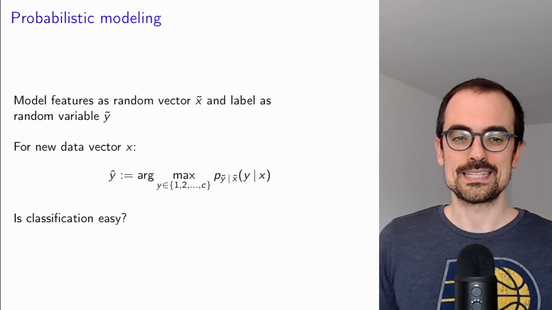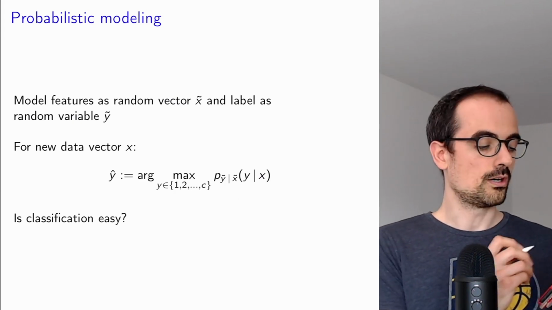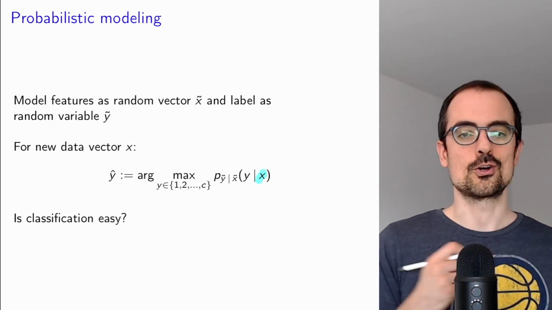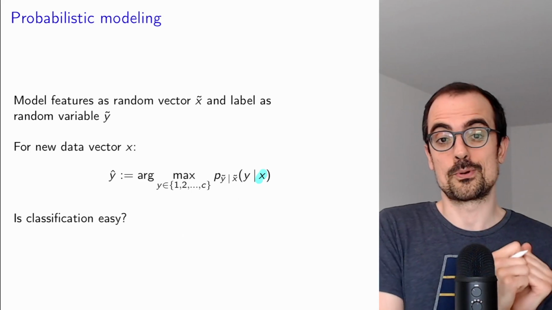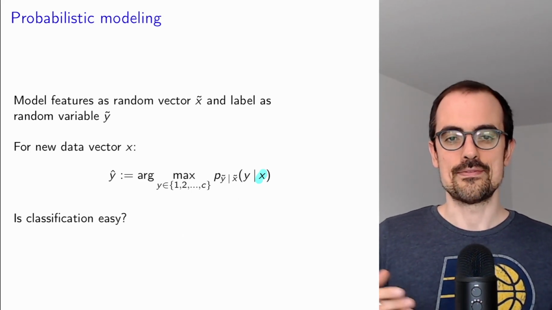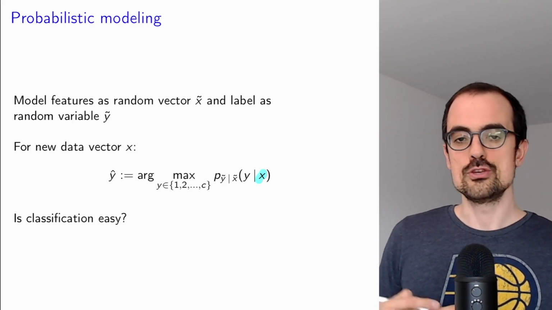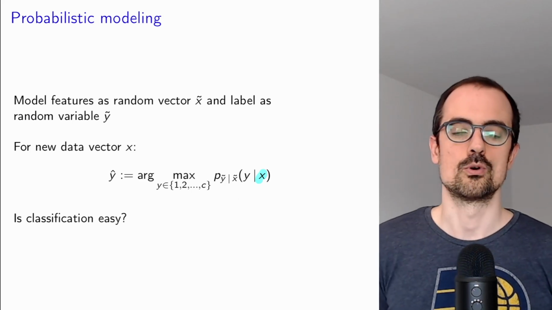So it would seem that classification is easy, right? For each possible value of the feature vector x, I can just compute the conditional empirical probability of each of the classes within the training set, and then when I encounter a new value of x, I'll just look at those probabilities and choose the class that is more likely.